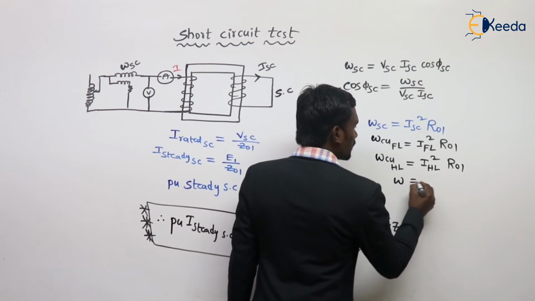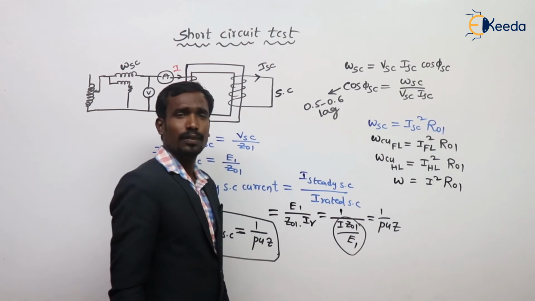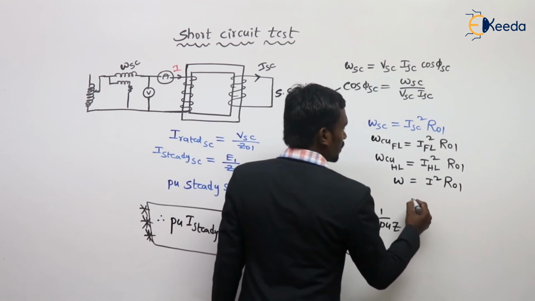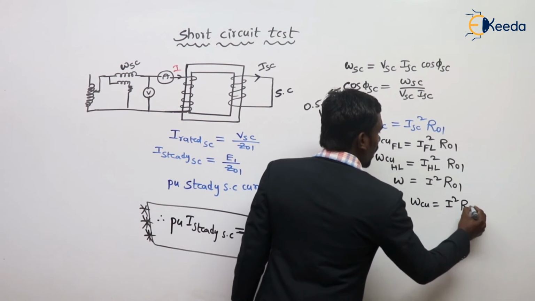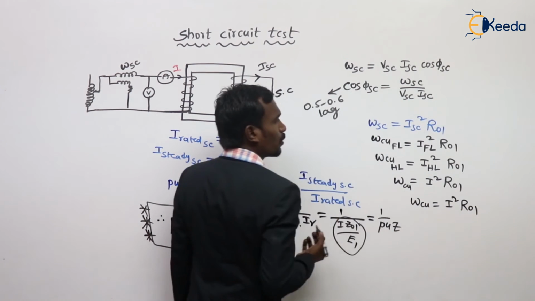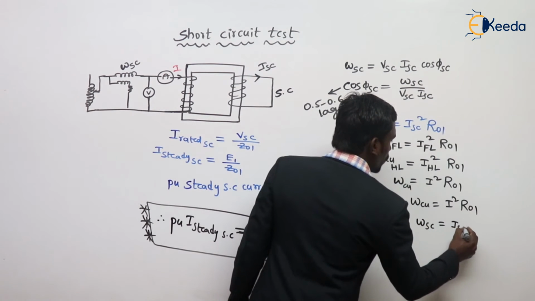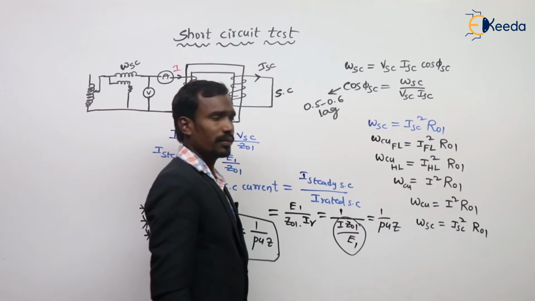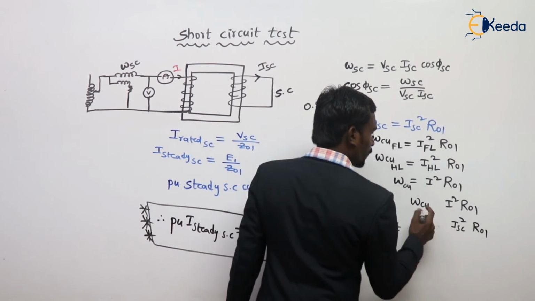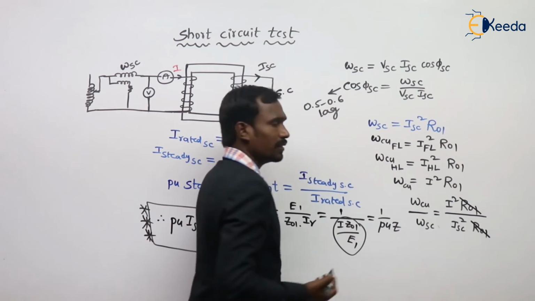Simply, copper losses is equal to I square R. Short circuit losses is equal to short circuit current square into R. Divide these two, R01 cancels.